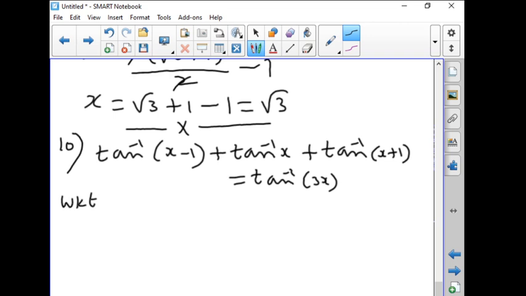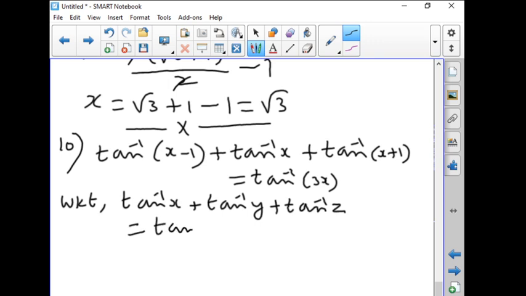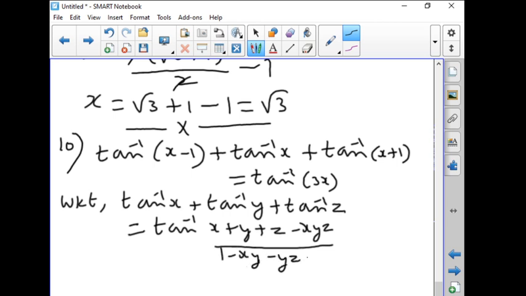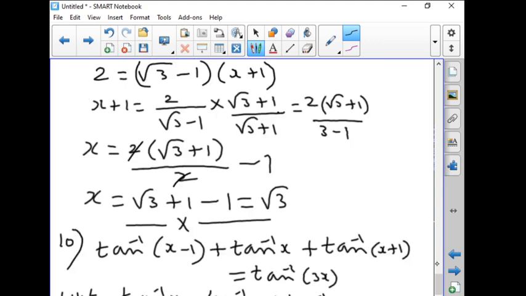We know that tan inverse of x plus tan inverse of y plus tan inverse of z is equal to tan inverse of (x plus y plus z minus xyz) divided by (1 minus xy minus yz minus zx). This is the result we know.